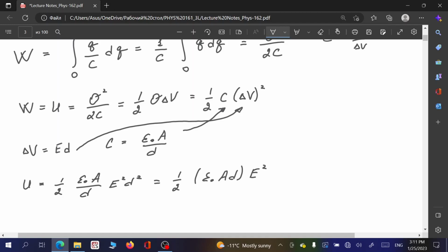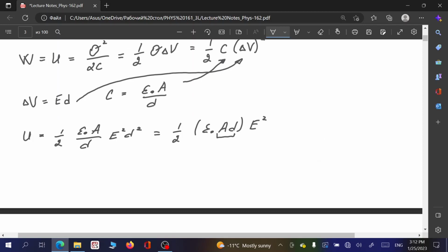So now what is this term? Area times distance, that is the volume defined by the plates of the capacitor.